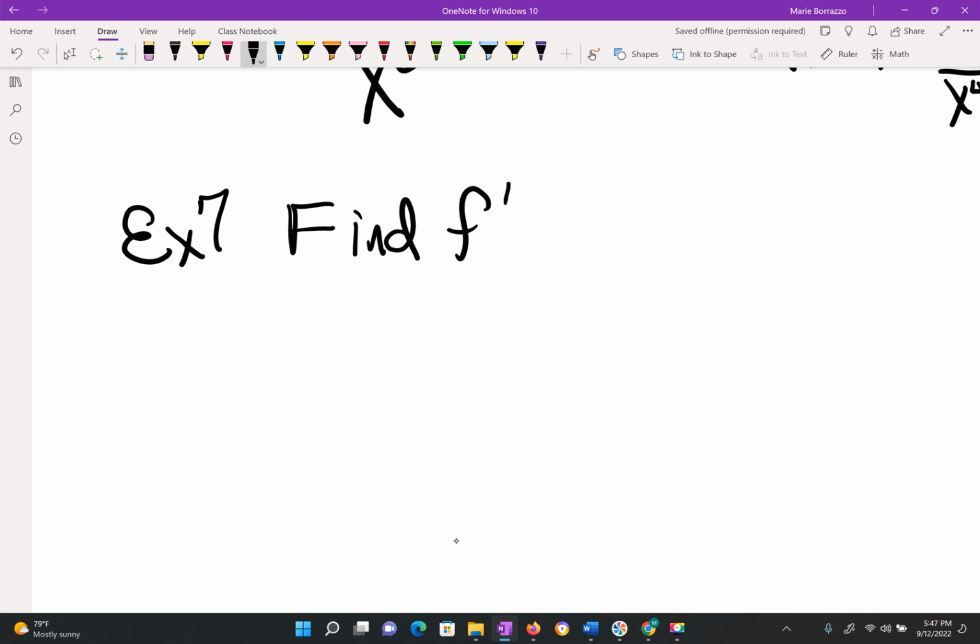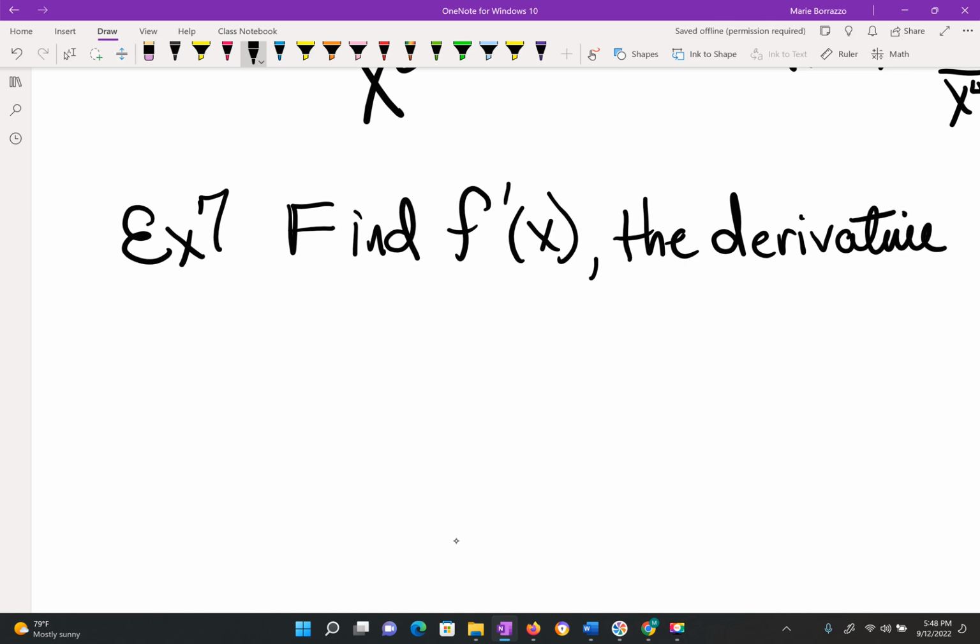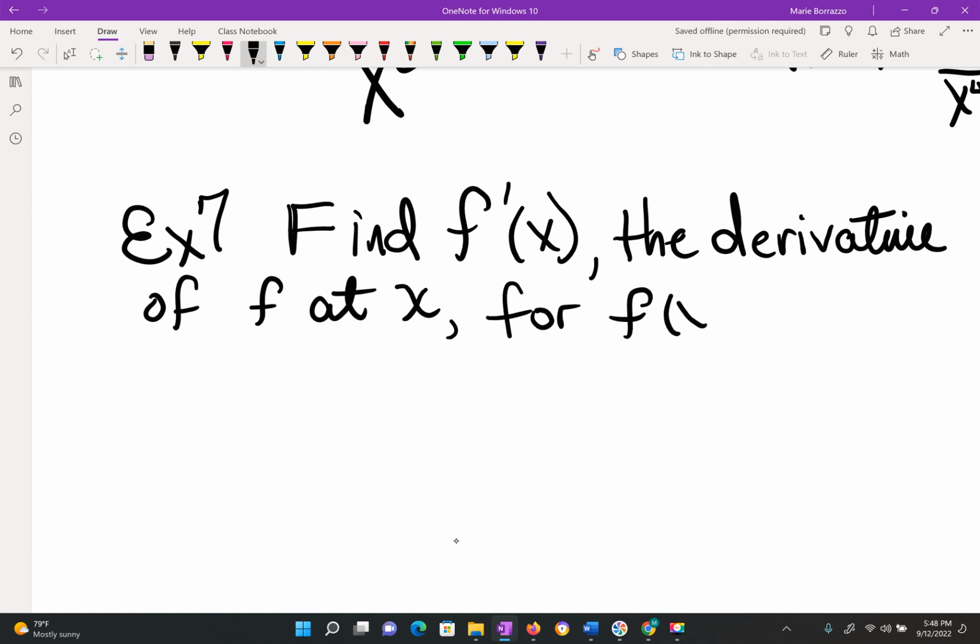Find the first derivative, which is the derivative of f at x for f of x equal to the square root of x plus 2, not the same thing, not under the same root.